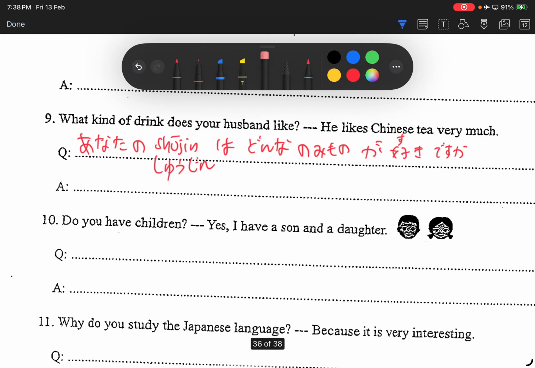Okay, then Nobel, he likes Chinese tea very much. 中国茶が大好きです。中国のお茶が好きです. We need to say the tea belonging to China. So 中国のお茶がとても好きです, because of the very much. I realized something.